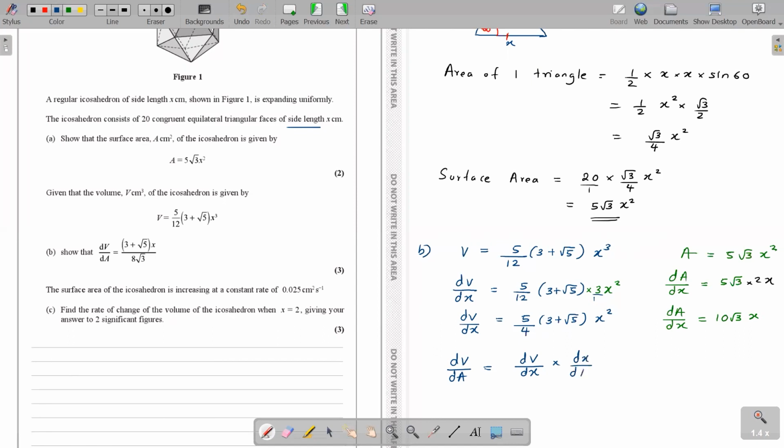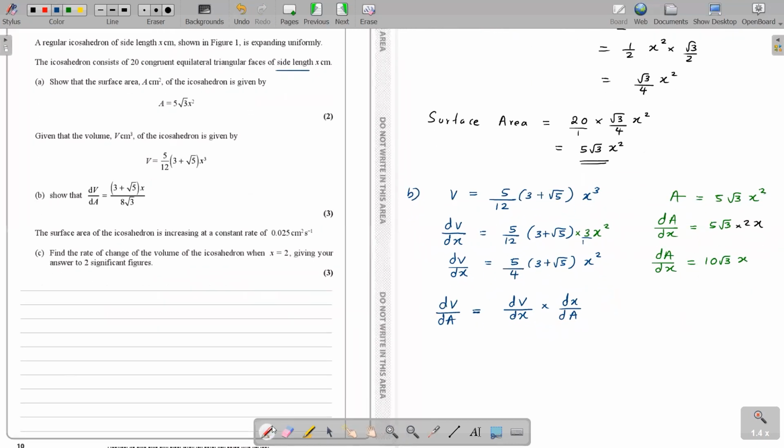This is basically the chain rule where I break this up. So dV by dx is 5 over 4 into (3 plus root 5) times x square, into dx by dA, which is 1 over 10 root 3 x. Do you agree with me?